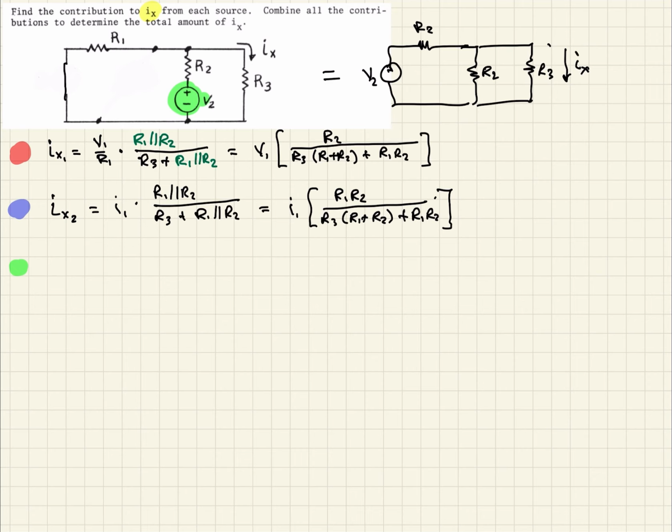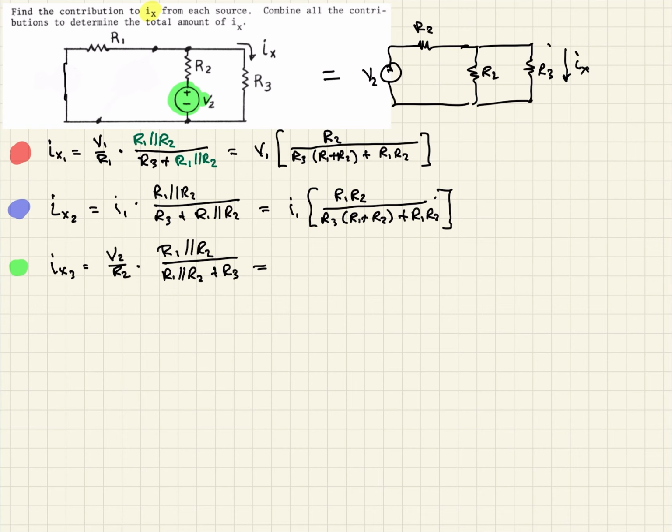So in this case, we'll have IX3, that's going to be V2 over R2, times, again, R1 in parallel with R2 over R1 in parallel with R2 plus R3.